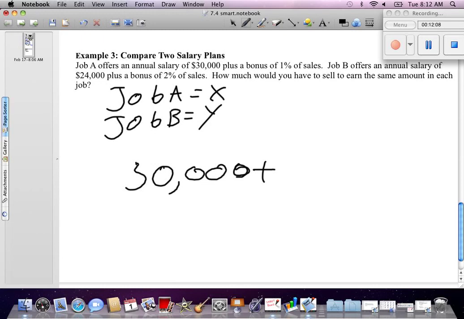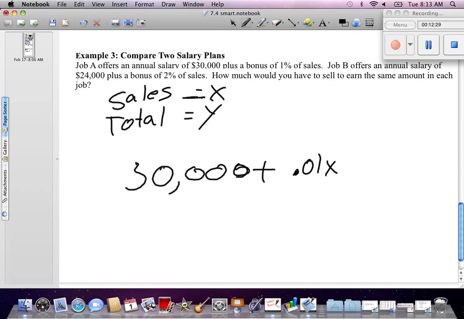I did this wrong. Your book does it differently. X equals sales. Y equals total money with sales. Okay? So you earn $30,000 plus 1% of sales. That equals your total.